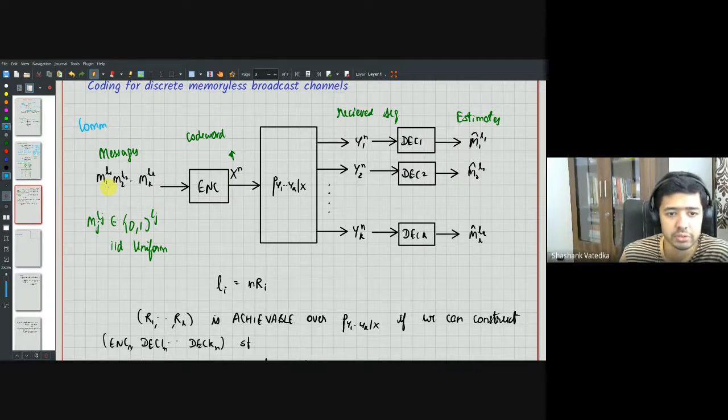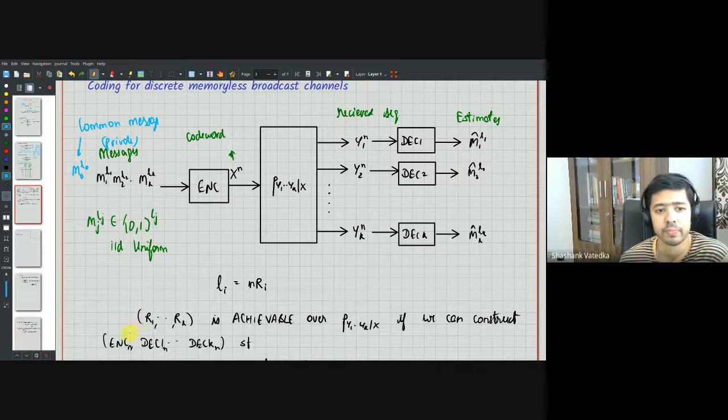So in addition to these private messages, you could also have a common message, maybe let's call it M0, with L0 bits.